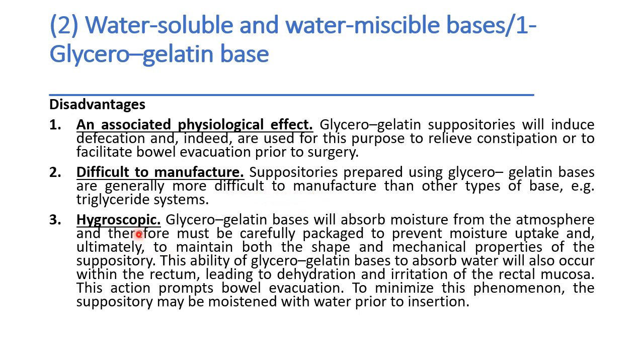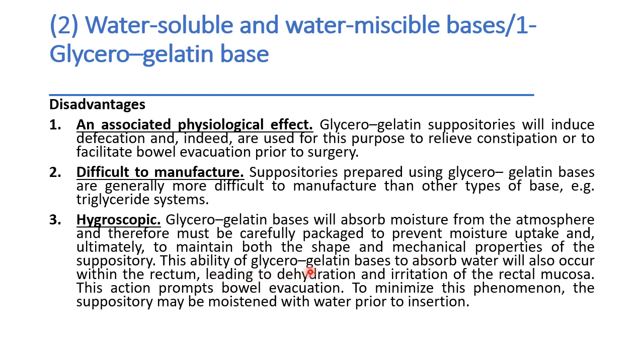Number 3, hygroscopicity. Glycerogelatin bases will absorb moisture from the atmosphere. Therefore, it requires special packaging to prevent moisture uptake and ultimately to maintain the shape and the mechanical properties of the suppository.